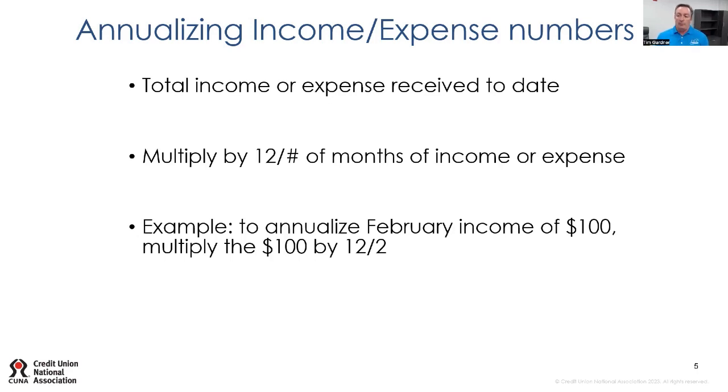March's numbers get multiplied by 4. But by the time I get into August or October, well, now I'm into fractions. So that's why I give this to you, just so that way you can always have something in the back of your mind as far as how to work it out if I only get income or expense for a certain number of months.